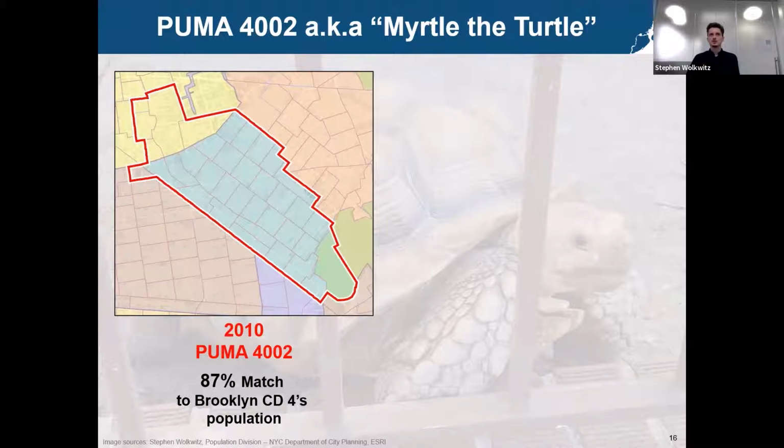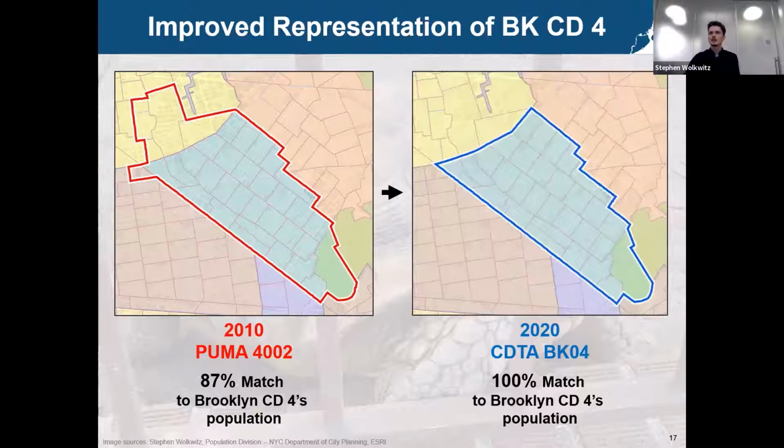So with our CDTAs, when we got to Myrtle, unfortunately, we had to decapitate the turtle, but it was for a good cause because we ended up with a 100% population match. So now when you pull data for the CDTA, you can be confident that it is well representative of Brooklyn CD4.